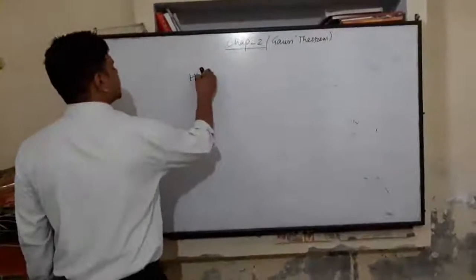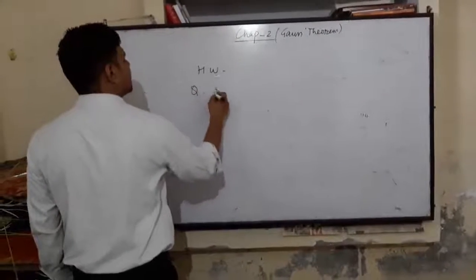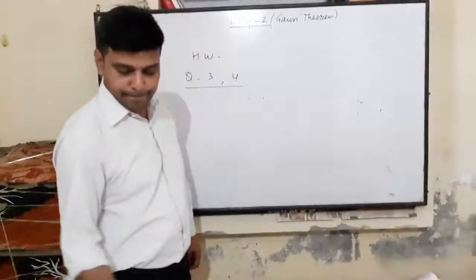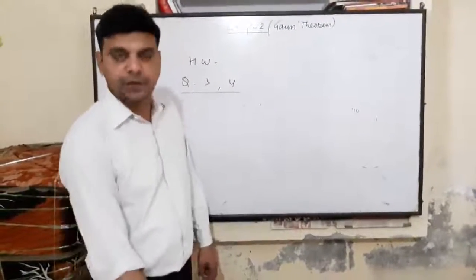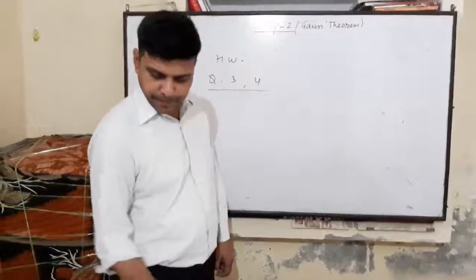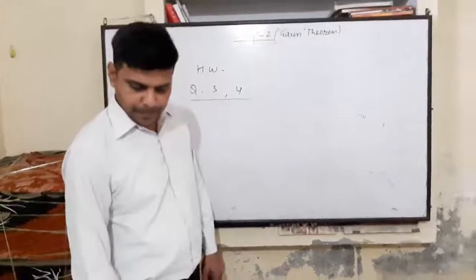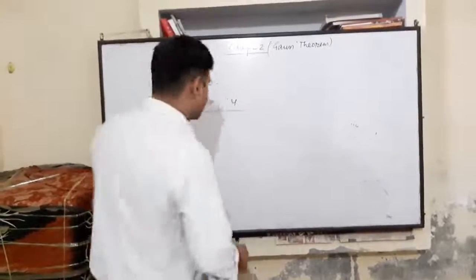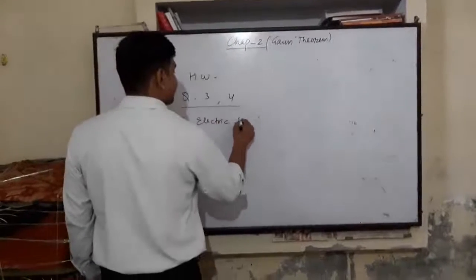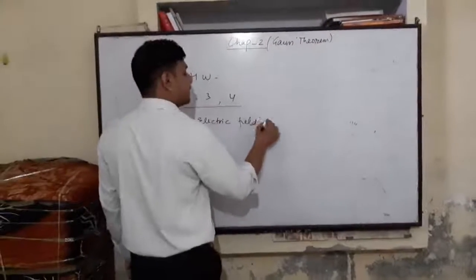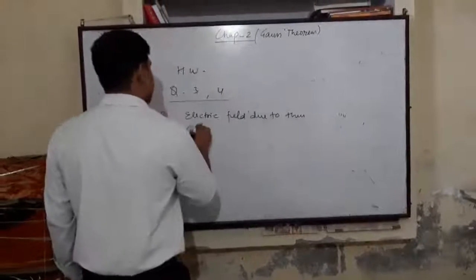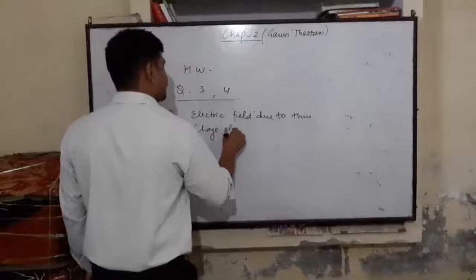Your homework is question number 3 and 4 from the numericals, and there is a derivation in your textbook: electric field due to a thin charge sheet.